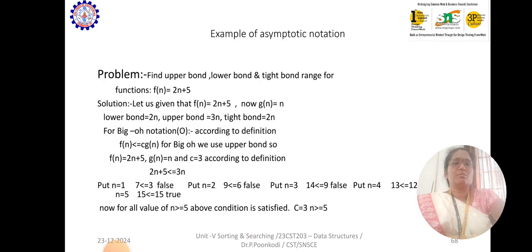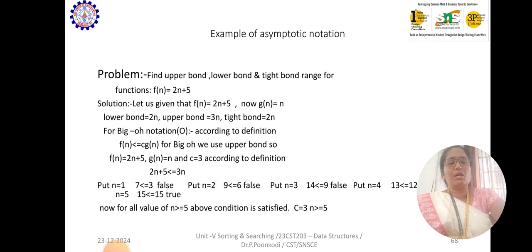Examples for these asymptotic notations: consider the problem. We have to find the upper bound, lower bound and tight bound of the function f of n equal to 2n plus 5. Let us consider that f of n equal to 2n plus 5. Now g of n equal to n, the lower bound is 2n, the upper bound is 3n, and the tight bound is 2n.